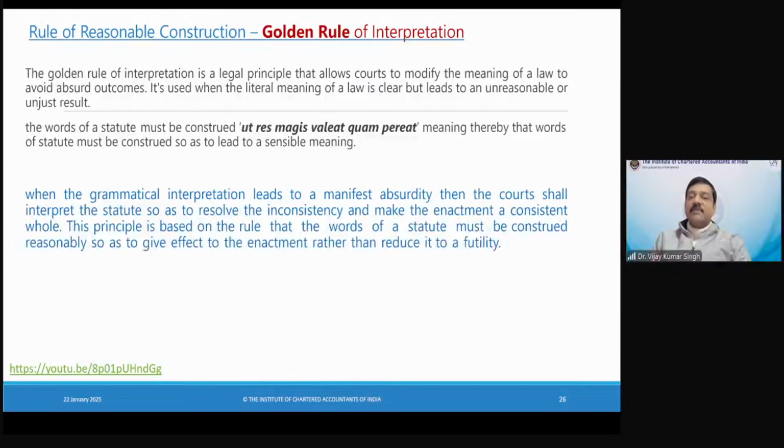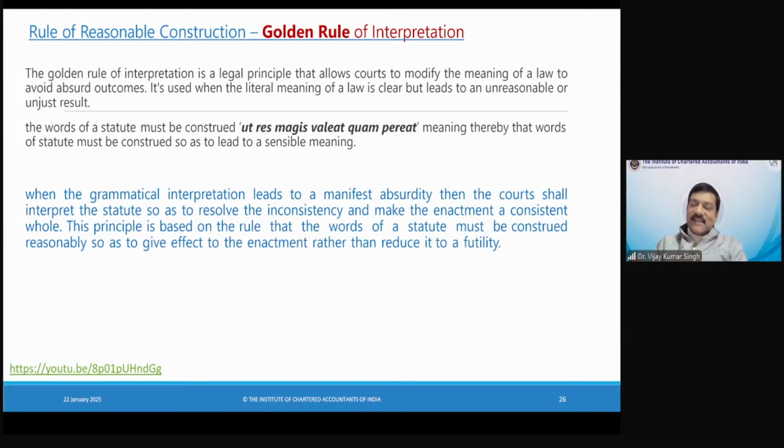When a grammatical interpretation leads to a manifest absurdity, then the court shall interpret the statute so as to resolve the inconsistency and make the enactment a consistent whole. This principle is based on the rule that the words of a statute must be construed reasonably so as to give effect to the enactment rather than to reduce it to futility.